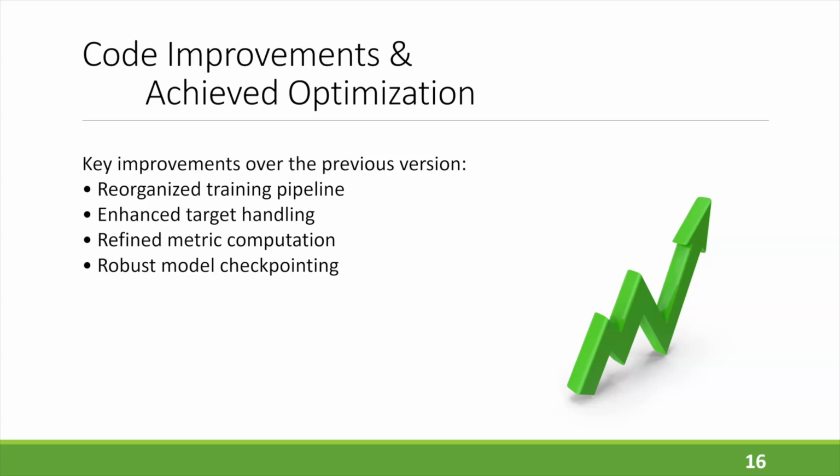We can now compute per-epoch accuracy and signal and background efficiencies for each epoch. And also robust model checkpointing, with automatic saving of the best performing model by monitoring validation loss.